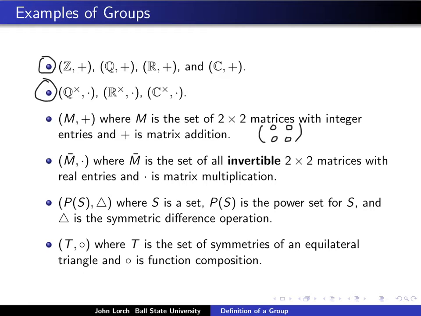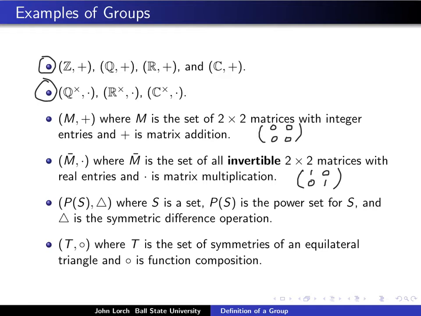Now there's a multiplicative matrix group, M bar comma dot, where M bar is the set of all invertible 2 by 2 matrices, and the dot represents matrix multiplication. So there, the identity of the group is what we call the identity matrix, which you may recall from linear algebra. So that's this matrix here. That's the identity in that group.